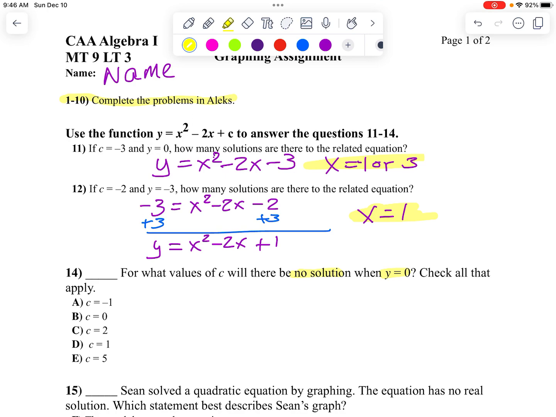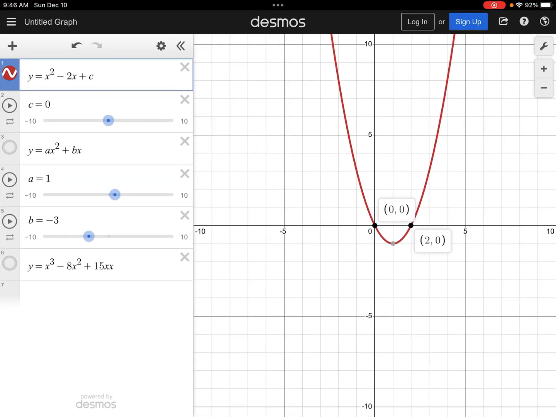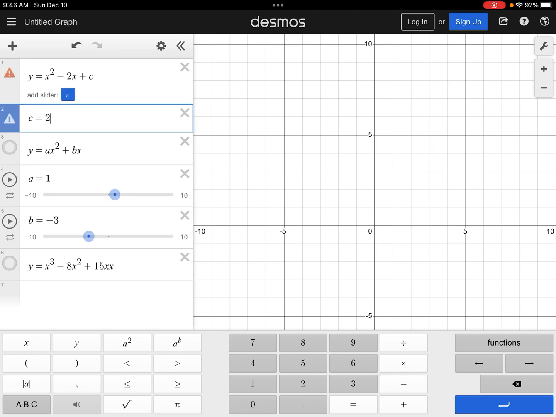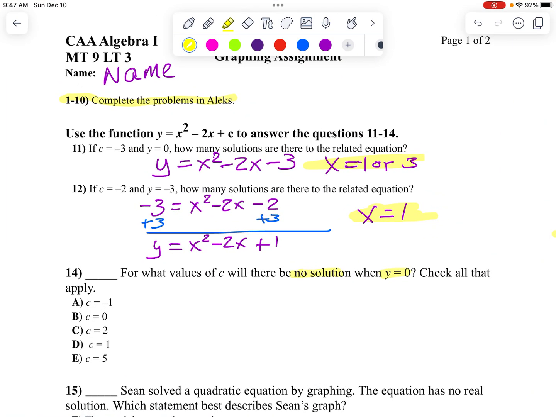Okay, if I change c to 2, and notice I get no solutions. It does not cross the x-axis, so that would be 1 or the only answer depending what we do here. We've already done 1 on problem 12.